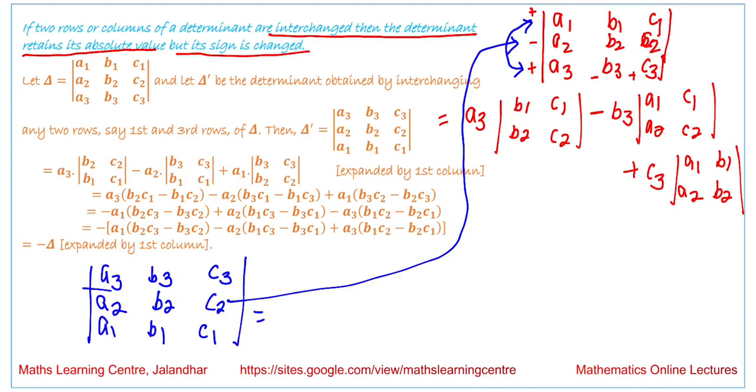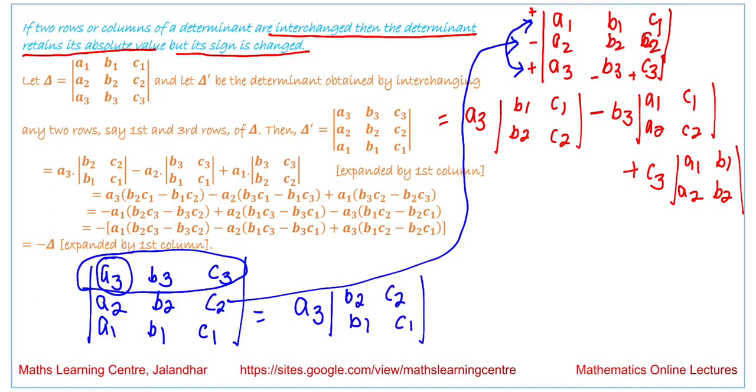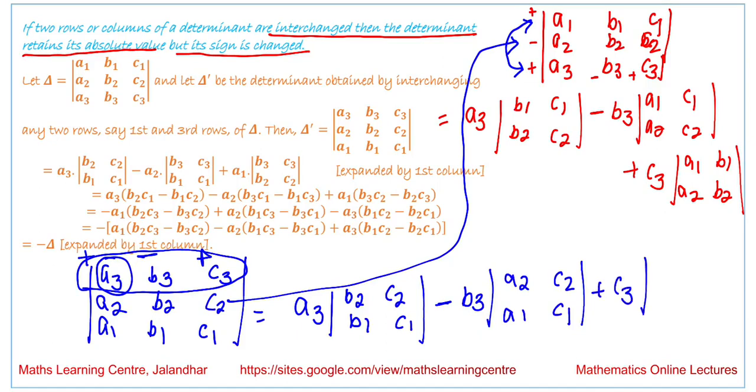Now if we open the determinant about this first row, the answer we have is a3 times the determinant b2, c2, b1, c1. Next it is minus b3 into, minus sign because it is plus over here, minus over here and plus over here, a2, a1, c2, c1, and last plus c3 into a2, b2, a1, b1.